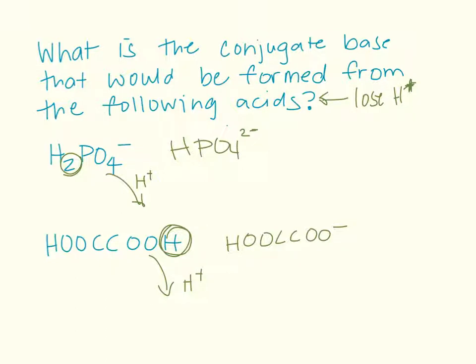Now with acids, it doesn't matter which hydrogen you pull off, you just can't pull them off from the middle of the compound. So if you had that, which is an acid, you wouldn't pull these off. You could only pull one of those off.